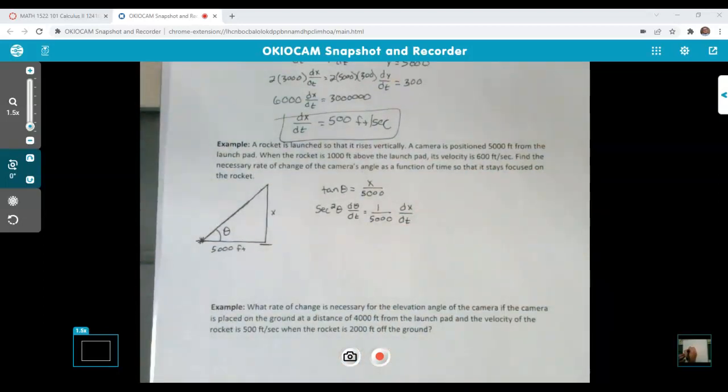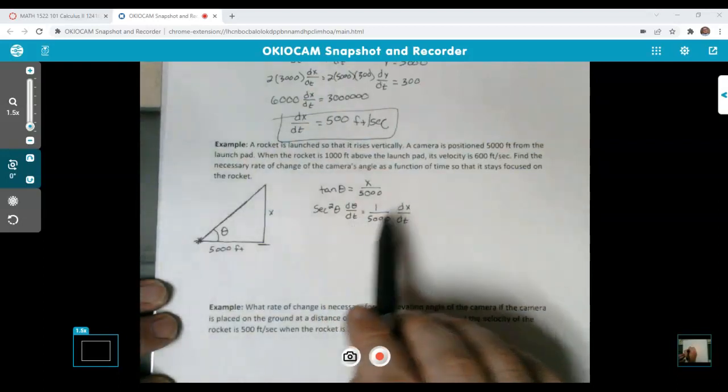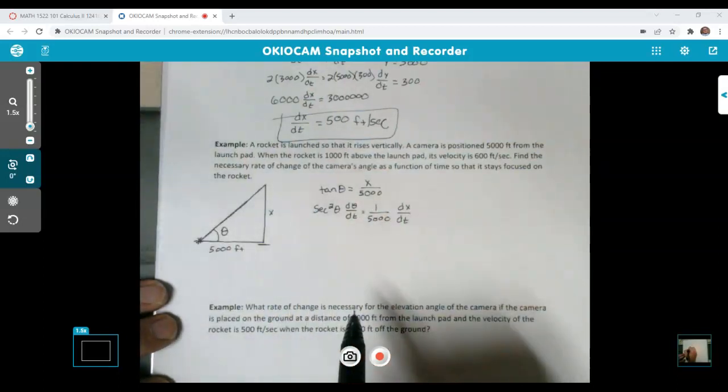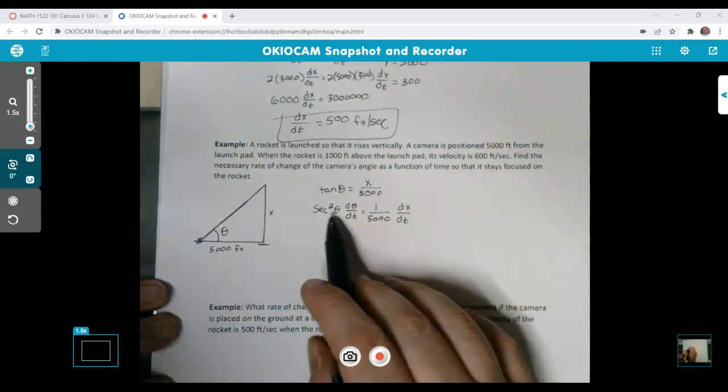And so now I need to plug in everything I know so that I can solve for what I don't know. They want the rate of change for the angle, and therefore what they want us to solve for is d theta dt. So I need something for everything else. Okay. Theta first.